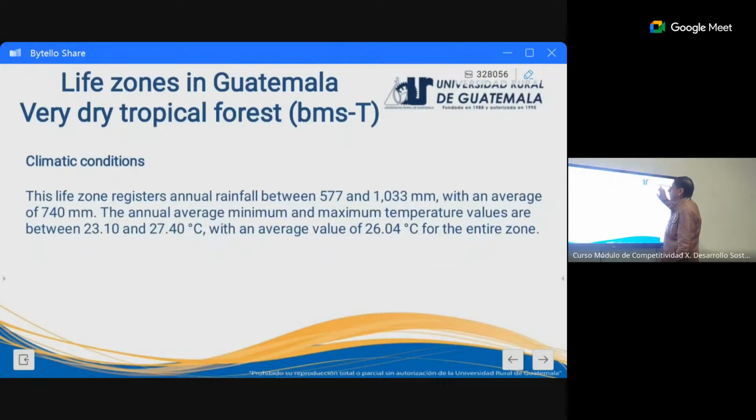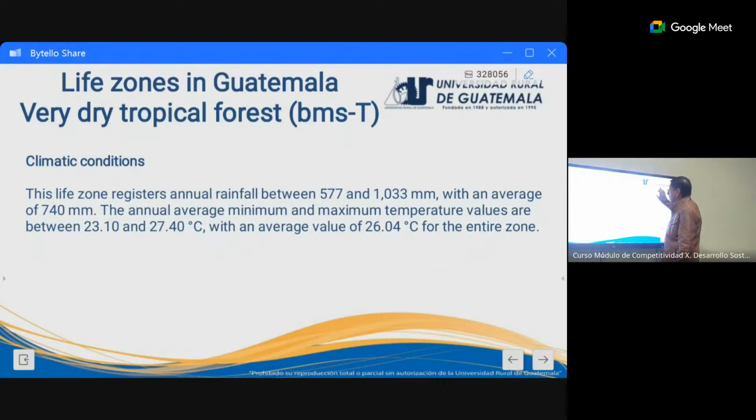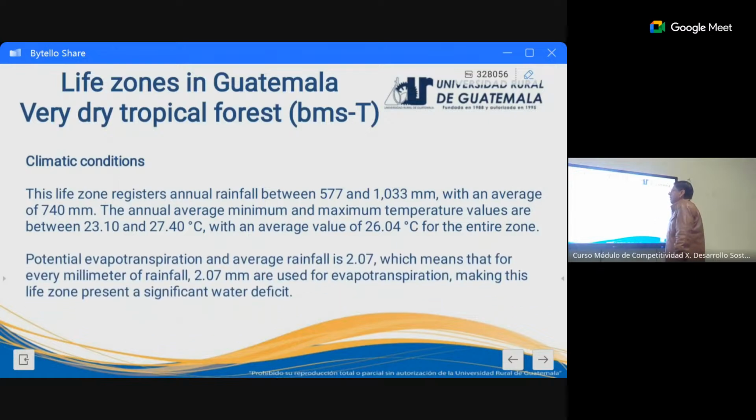And here we have the climate conditions for this very dry tropical forest. That is a small climate here in our country. This life zone registers annual rainfall between 577 and 1,333 millimeters of rainfall, with an average of 740 millimeters.